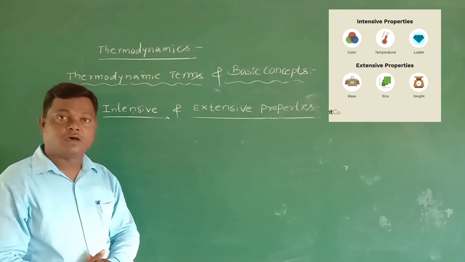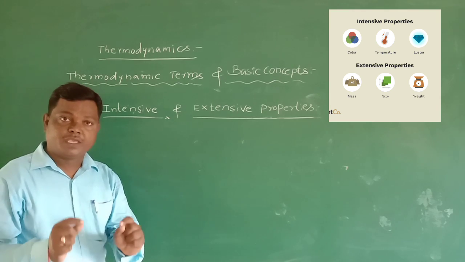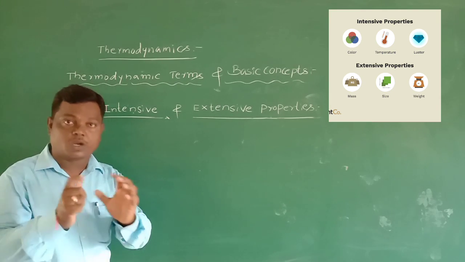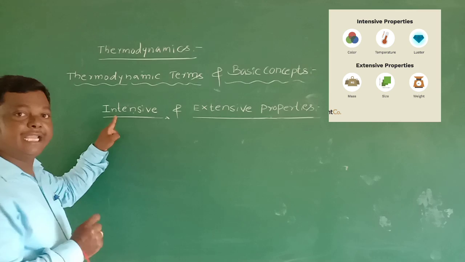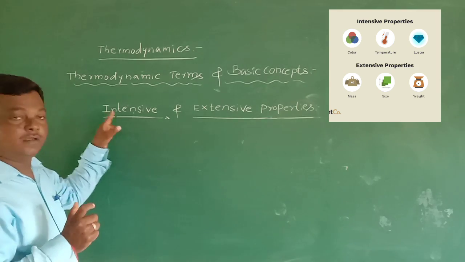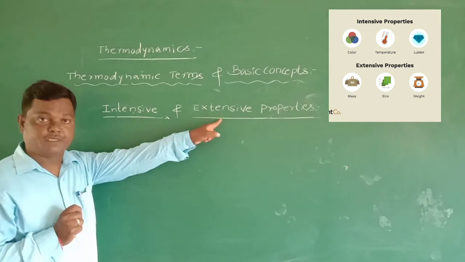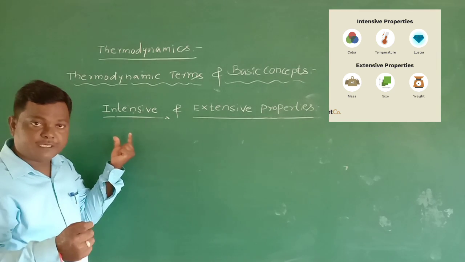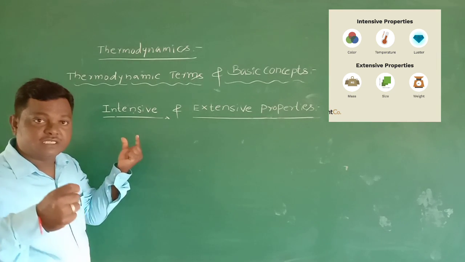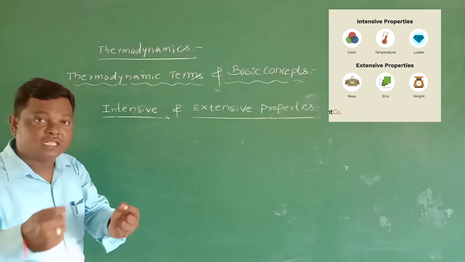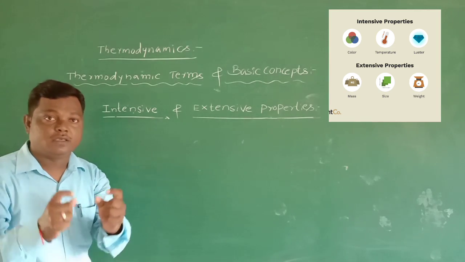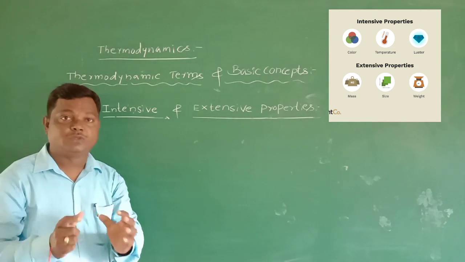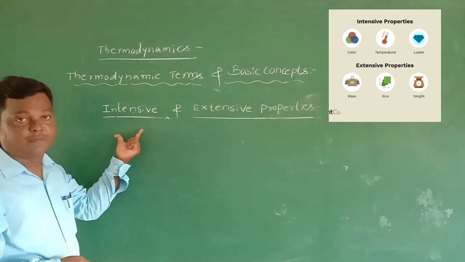Macroscopic properties or bulk properties of a system can be divided into two classes. The first one is intensive property and the second one is extensive property. Let us see intensive property. A property which does not depend on the quantity of matter in the given sample is known as an intensive property.